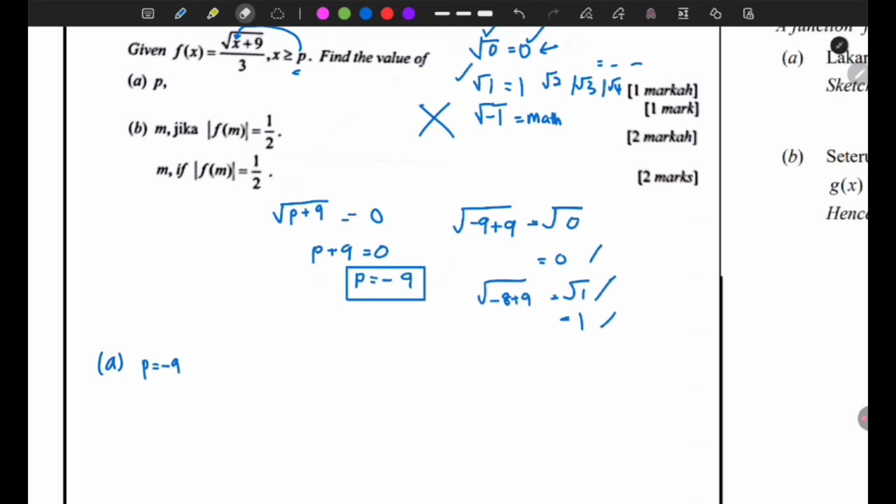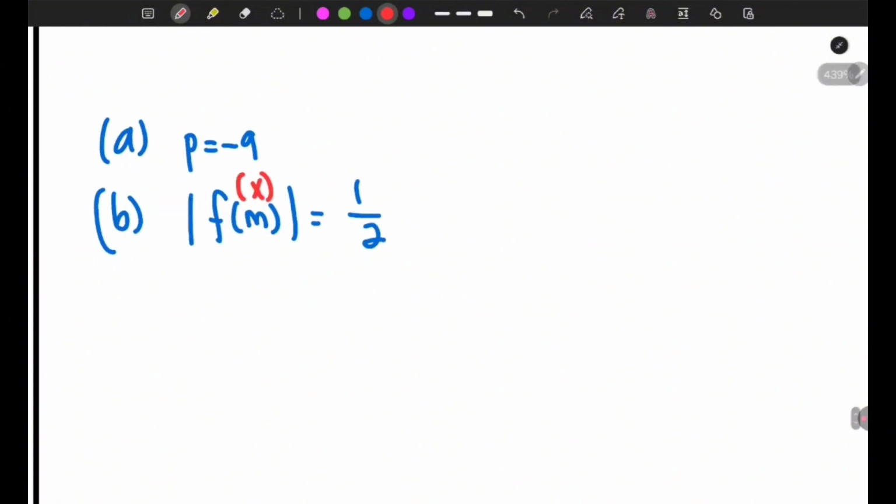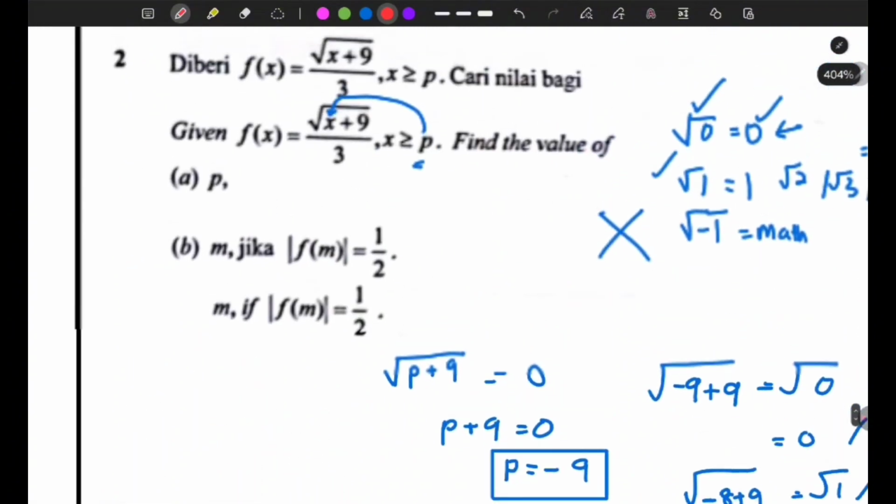Find the value of M if modulus, this time they give you a modulus, one or two. So your M is actually at the X part. So your X is actually equals to M, basically. So what's your Fx?